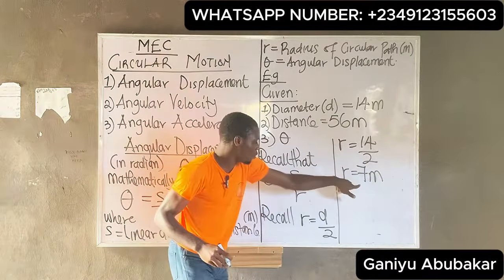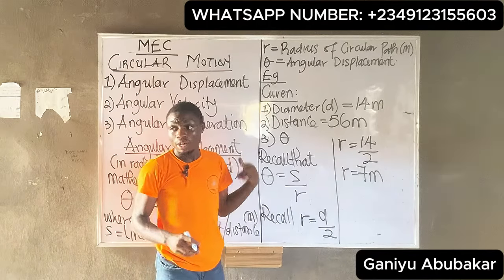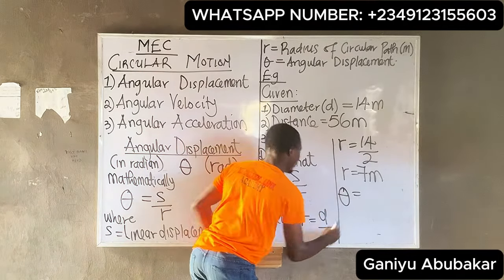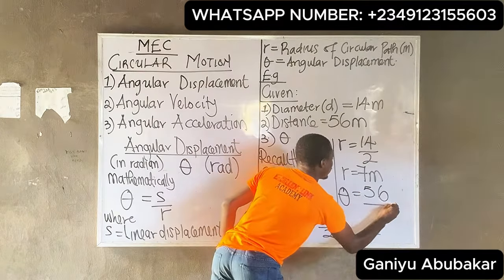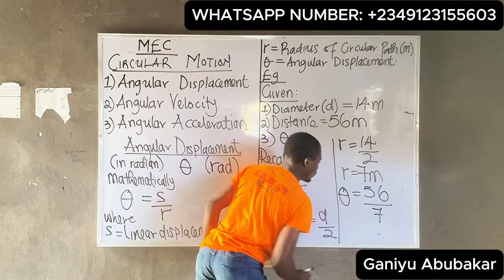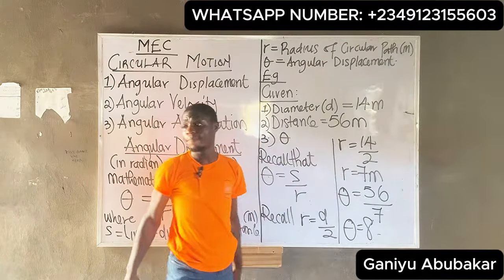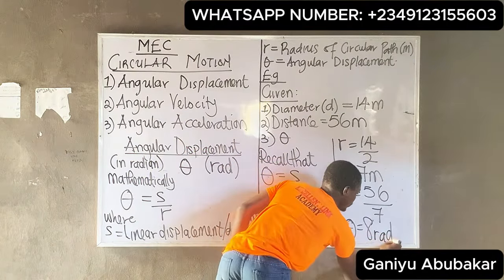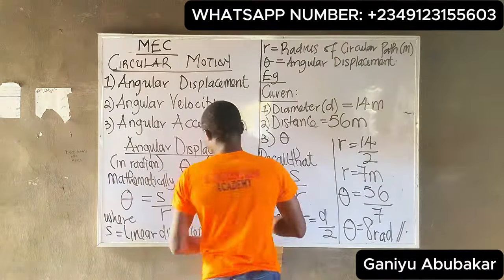I have gotten R now. I know S. I can get angular displacement now. Theta is equal to S over R, which is 56 over 7. The value is 8. Theta is 8 rad. How good, please? Copy down. Let's proceed. 8 rad.